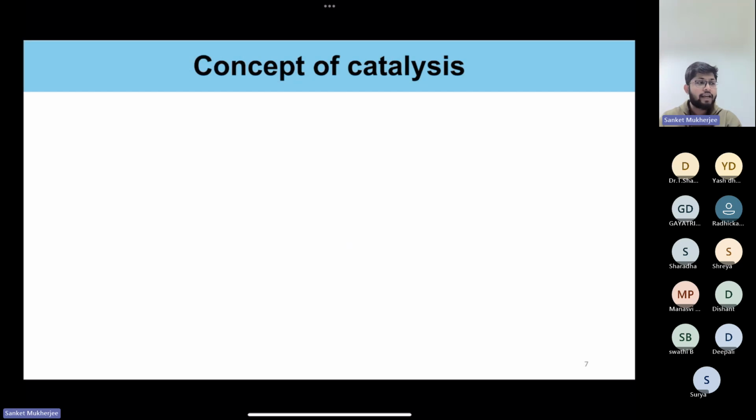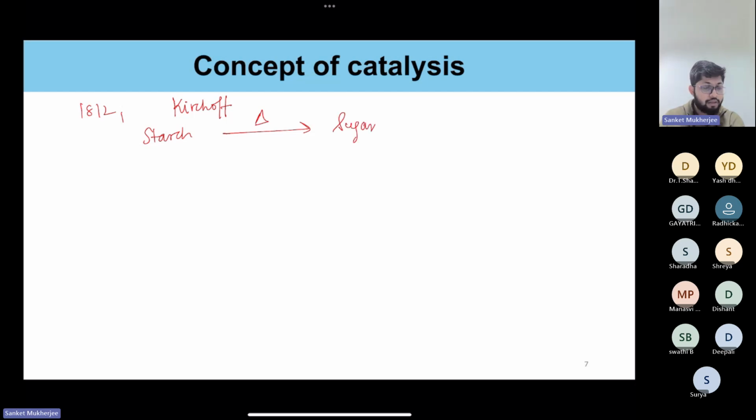Coming to the concept of catalysis, I will just brush through this as soon as possible because all of this has been covered. In 1812, the Russian chemist Kirchhoff was studying starch degradation. He boiled starch at very high temperatures, which gave sugar.